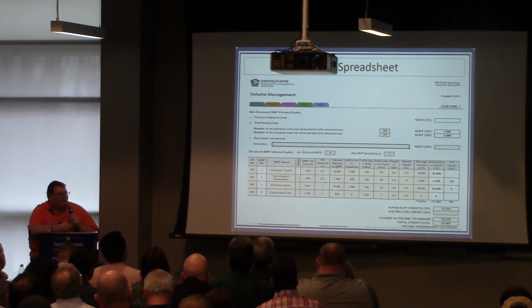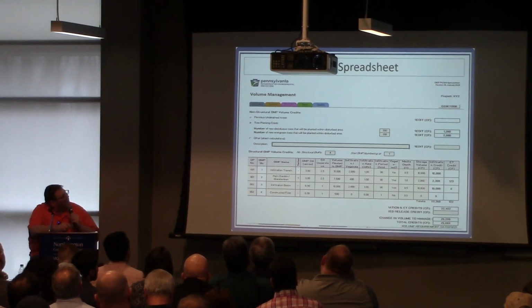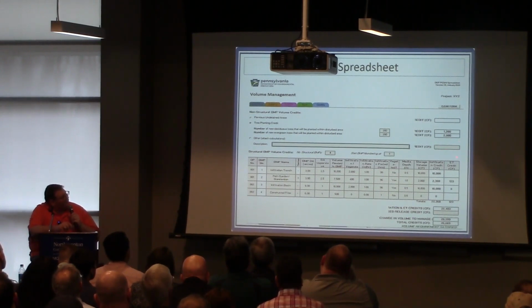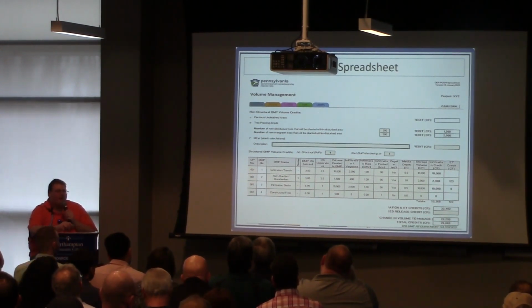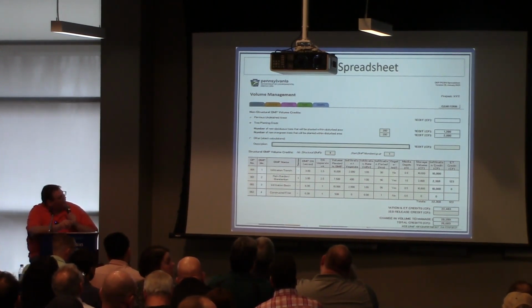That could be disconnection, it could be protecting sensitive natural areas, and so on and so forth. You're going to put the credit that you're claiming in here, and that is taken into consideration in the calculations on the bottom. And I know some folks in the back can't see very well on the very bottom, so I'll describe that a little more as we get to it.